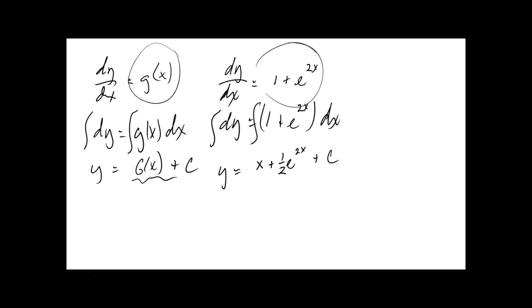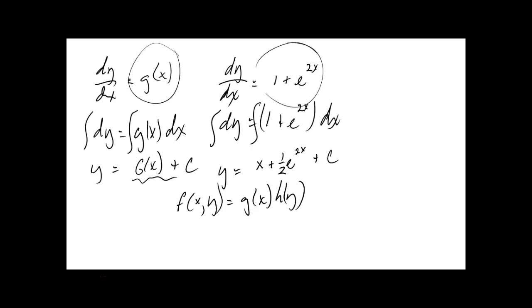The next is going to be if the equation on the right is some f of xy. It has both x and y dependency, but, okay, if this f of xy can be factored into a g of x times a h of y, then we can do the same thing we just did.